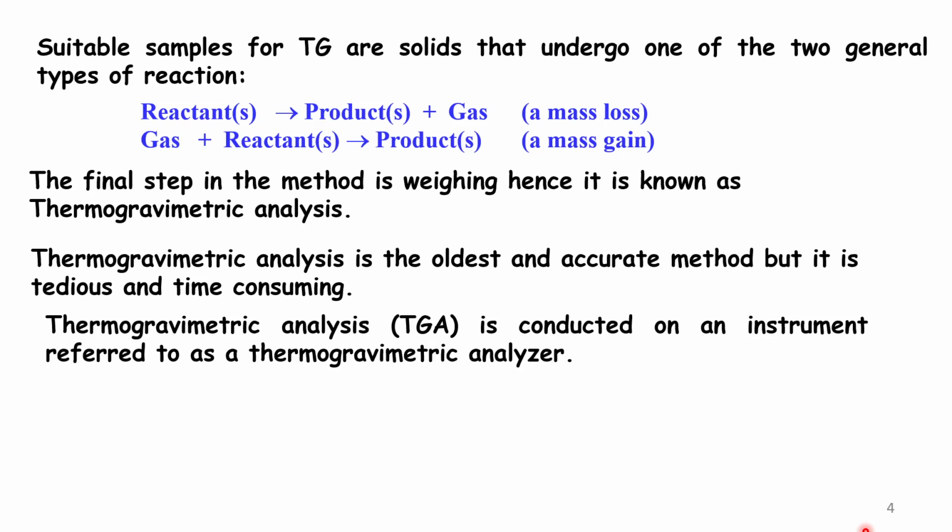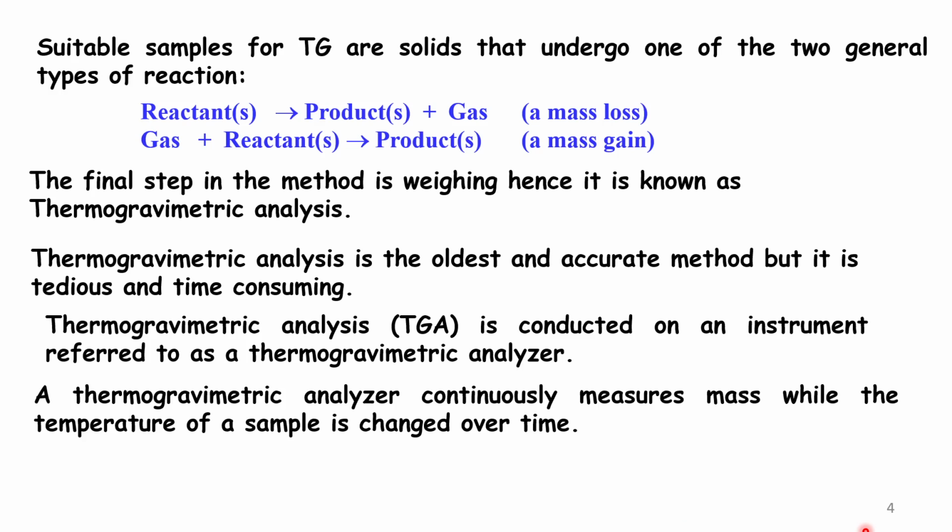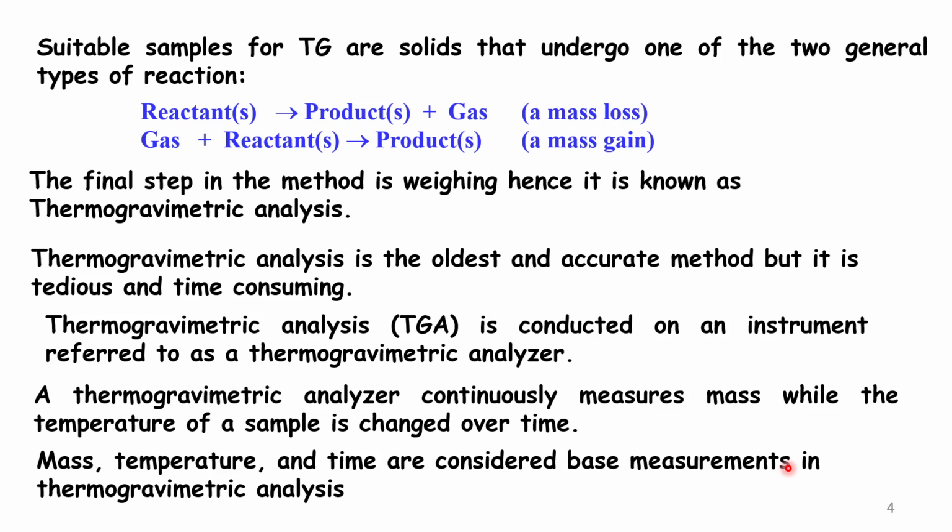The thermogravimetric analysis is conducted by an instrument known as the thermogravimetric analyzer. A thermogravimetric analyzer continuously measures the mass while the temperature of the sample is changed over time. In the analyzer, three parameters are considered: mass, temperature and time.